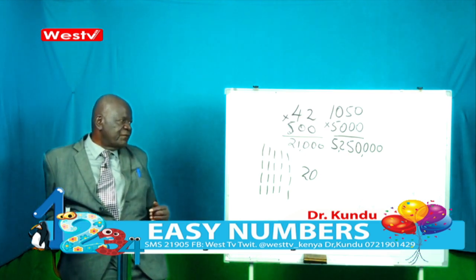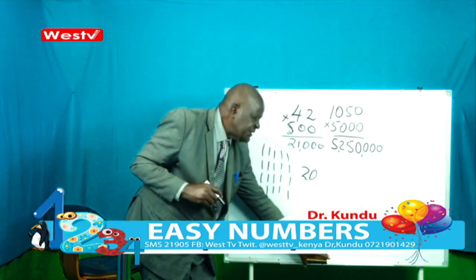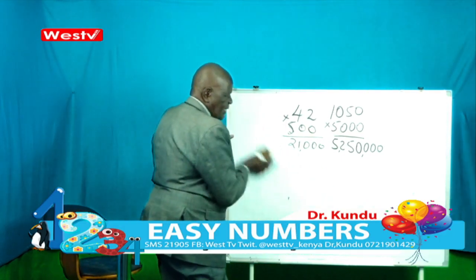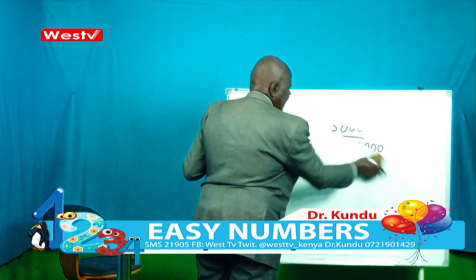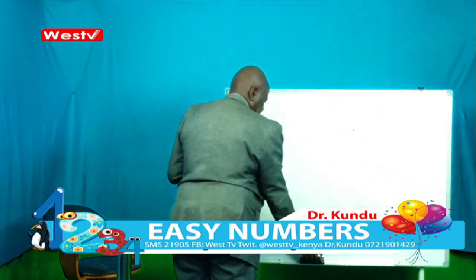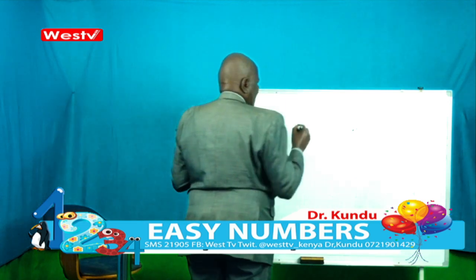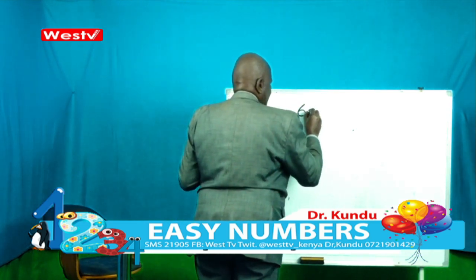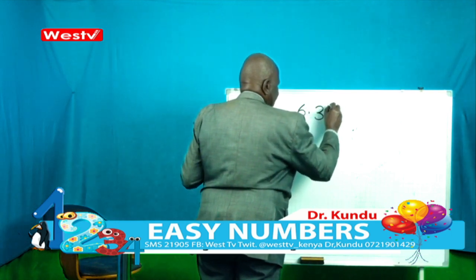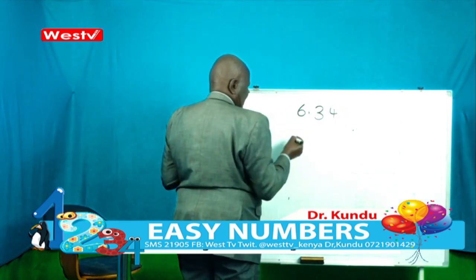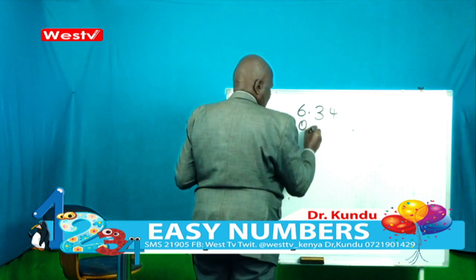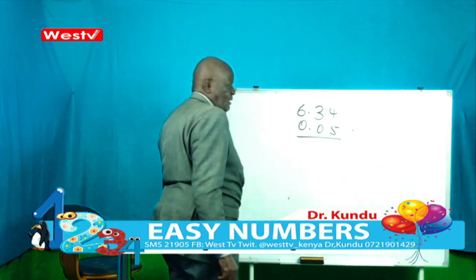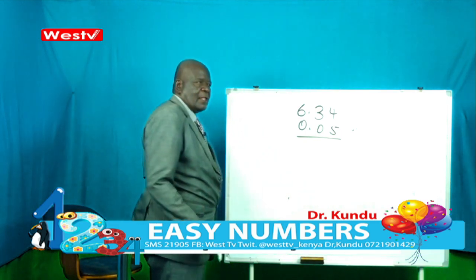So if I was dealing with the numbers in the decimal category, and I was multiplying using the same thing, then I would say 6.34 multiplied by 0.05.